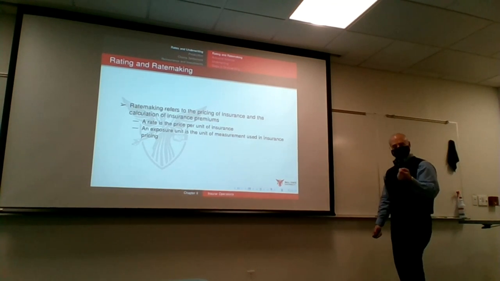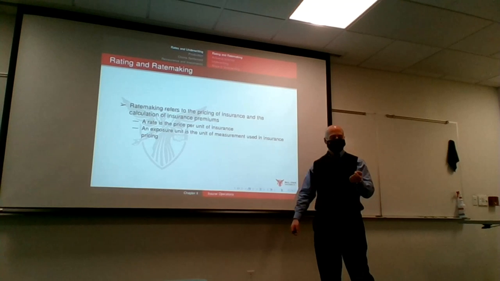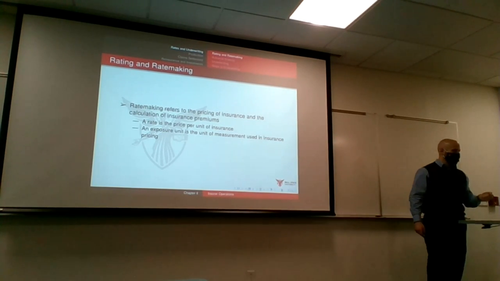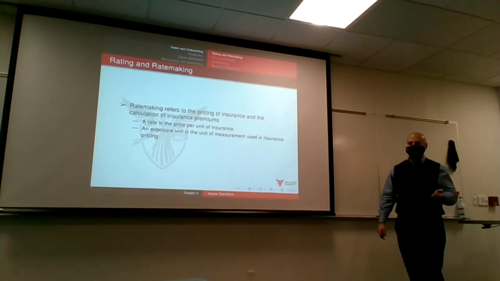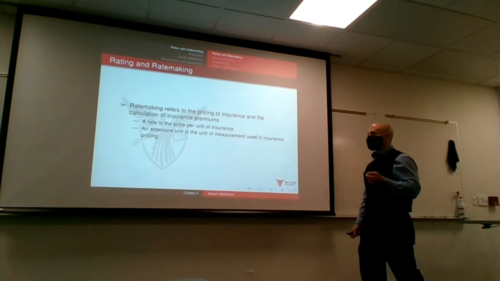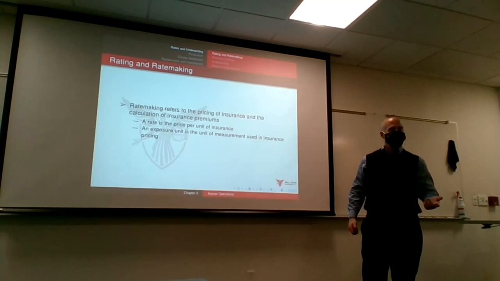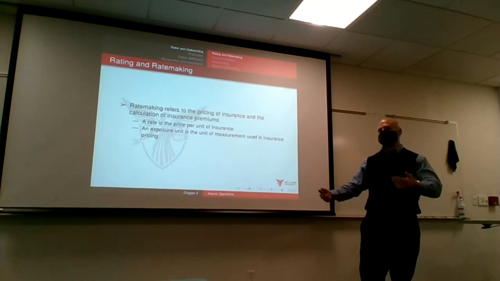It's a per unit price, and we ultimately want to price in the risk. So per unit price, and then we have some exposure unit. It could be time. You're exposed over time to automobile accidents.